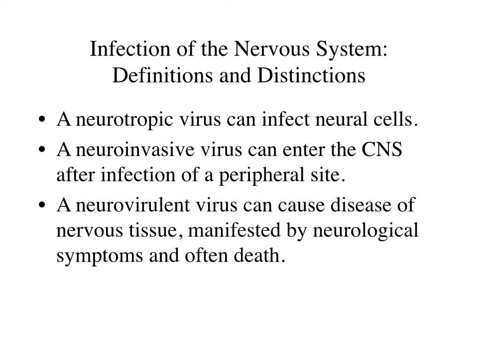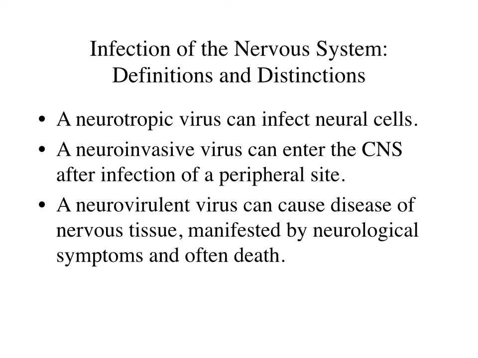Okay, then we can talk about rabies virus. It has a high neuroinvasiveness and a high neurovirulence. It readily infects the peripheral nervous system, and it usually spreads to the central nervous system. And when it does that, it causes nearly 100% lethality unless there's an antiviral therapy that's administered in time.